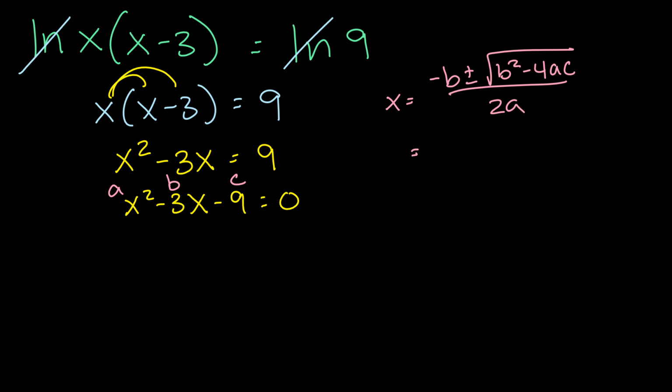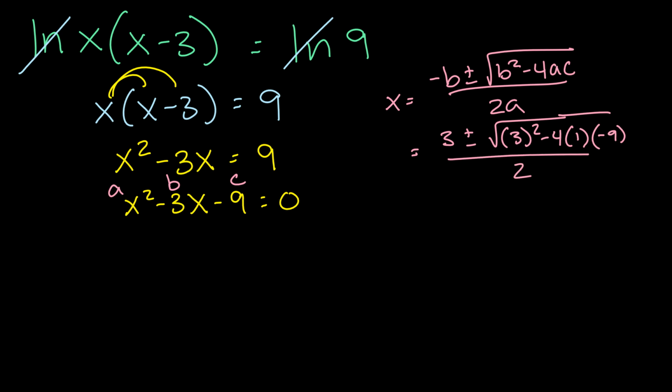So this is going to be 3 plus or minus the square root of negative 3 squared minus 4 times a, which is 1, and c is negative 9, all over 2 times 1, which is just 2.